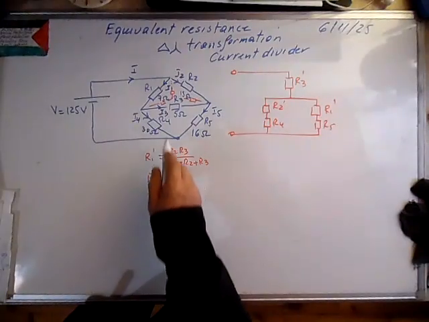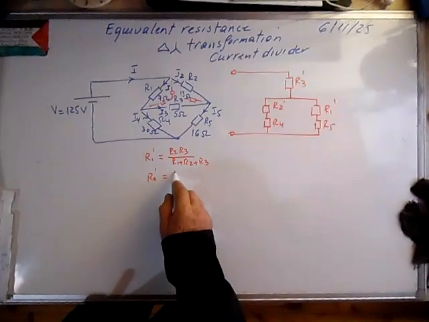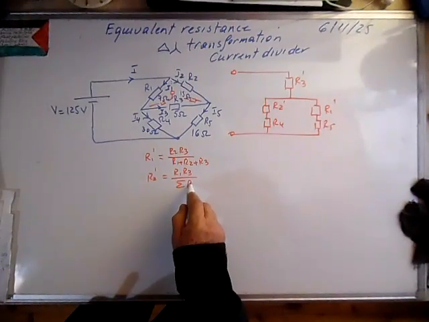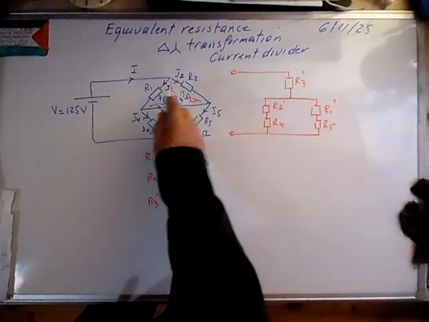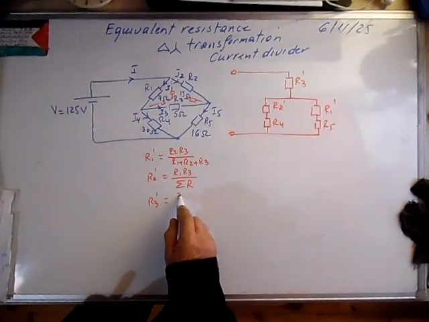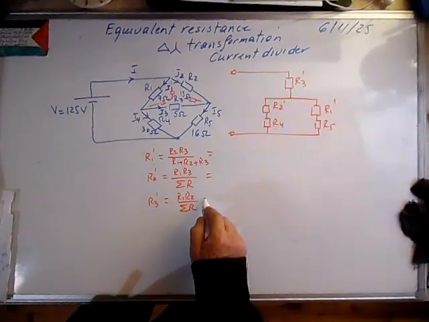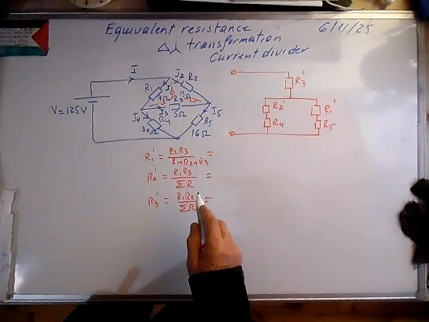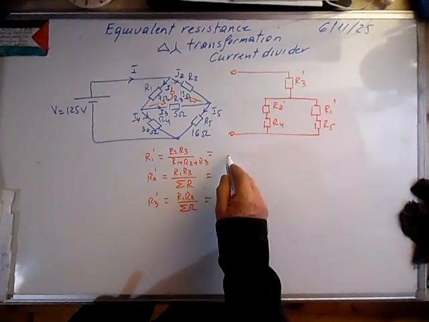R2 prime is R1 times R3 over the sum of the R's. R3 prime is R1 times R2 over the sum of the R's. So the sum of the R's is 15 plus 5 plus 7, it's 27.